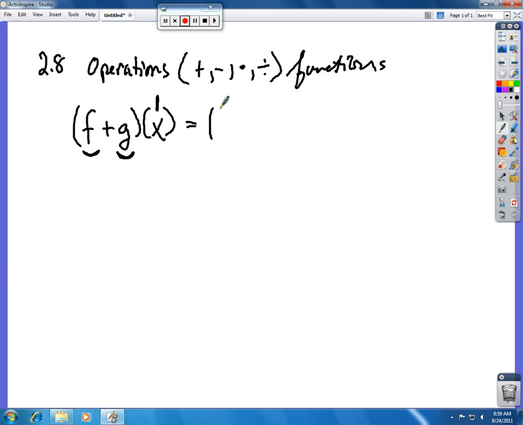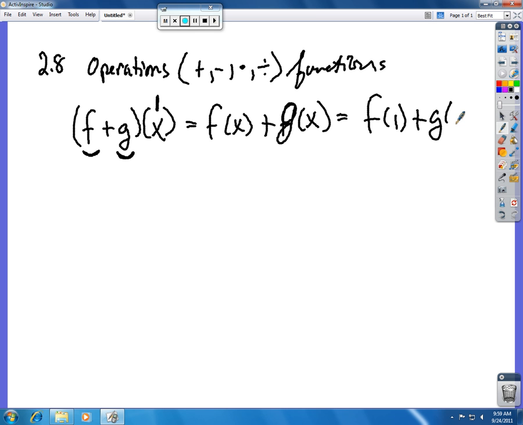So you can break this down as f of x plus g of x. So in this case, if our x was 1, you would simply have f of 1 plus g of 1. Like I said, you would just plug in 1 for x in whatever this function was, and then do the same thing for your function g, and you would just add your outcomes together.